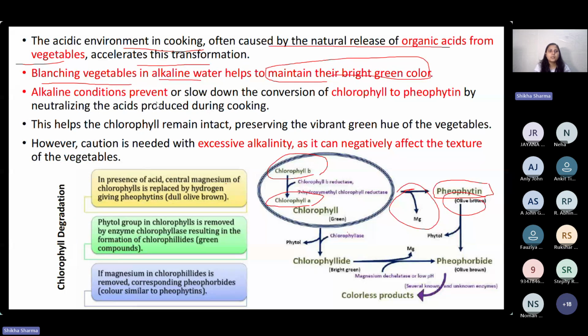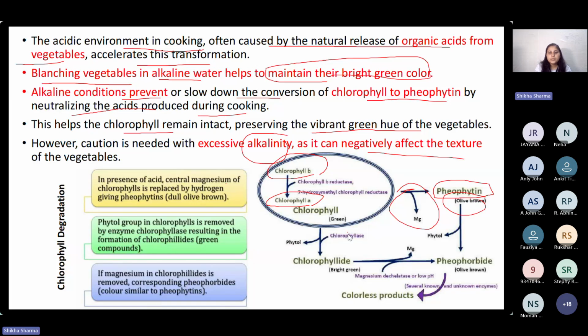The alkaline condition will prevent or slow down the conversion of chlorophyll to pheophytin because it neutralizes the acids produced during cooking. This helps chlorophyll remain intact and retain the vibrant green hue of the vegetables. But excess alkalinity can negatively affect the texture.